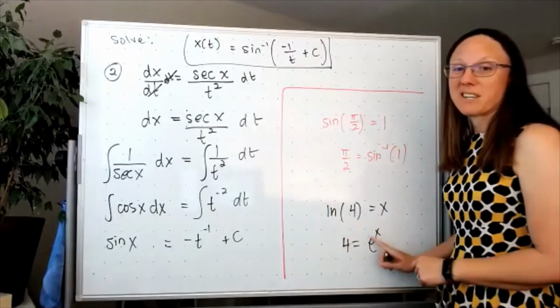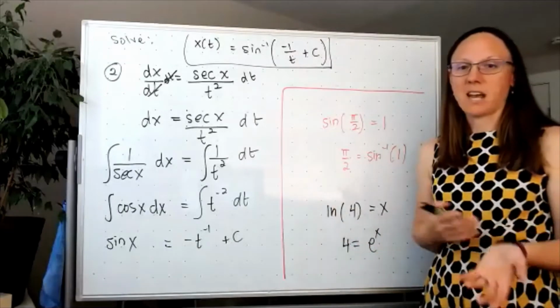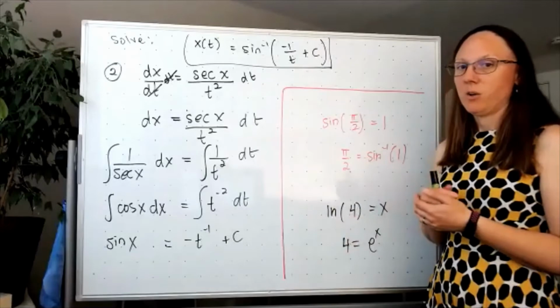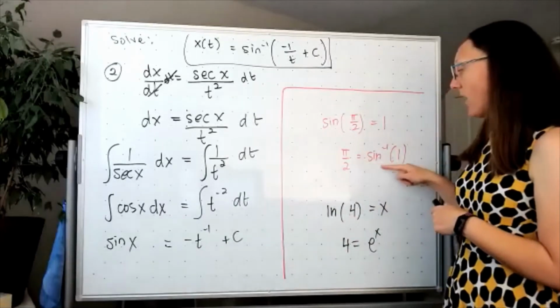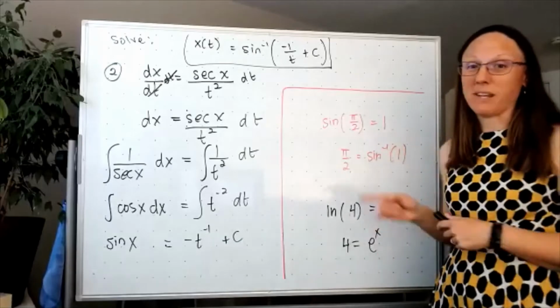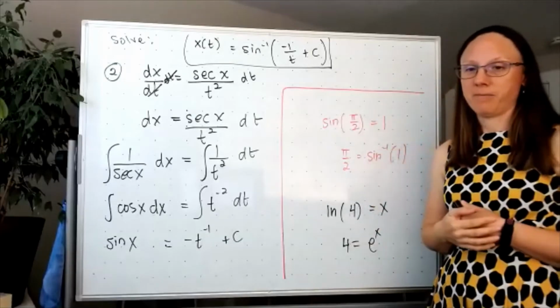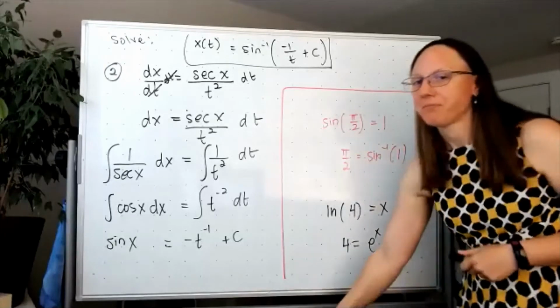And the reason that works is because e to the x is the inverse function of ln. When it comes to sine and cosine and tangent, we just write it as sine and then with a little power of -1, but really we mean sine inverse. It doesn't mean 1 over sine. I'm hoping that helped.